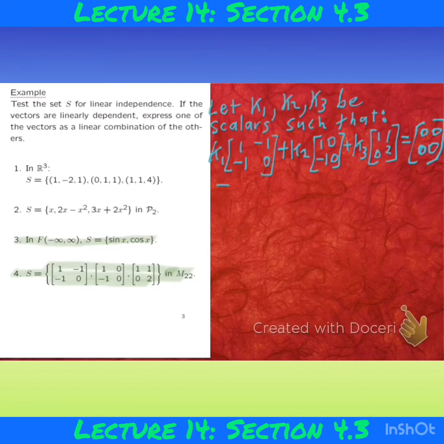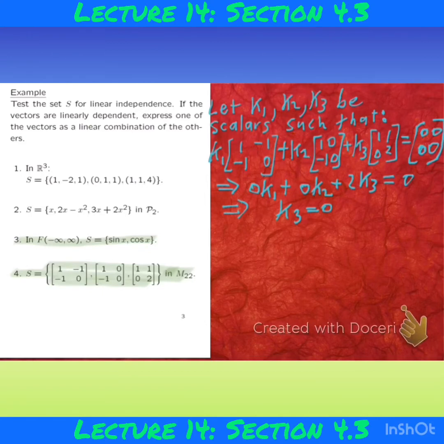So from there we've got that 0K1 plus 0K2 plus 2K3 has to be 0. That's from matrix addition, which implies that K3 absolutely has to be 0.